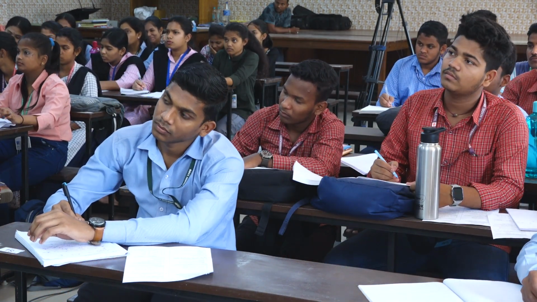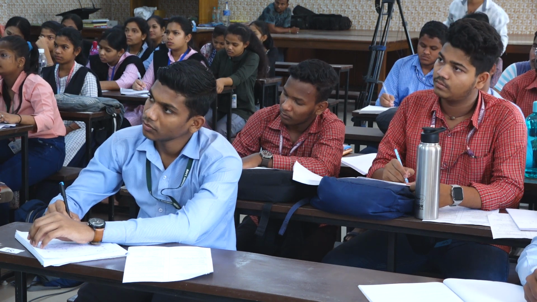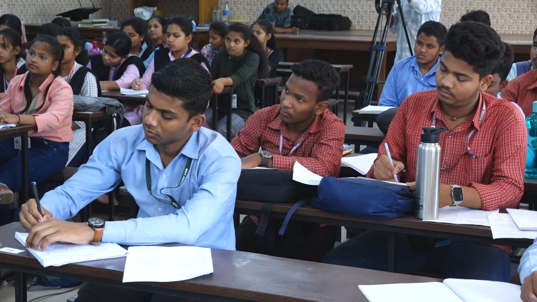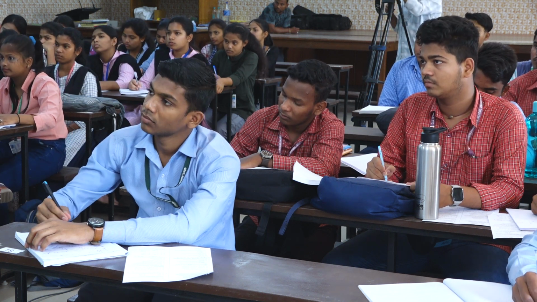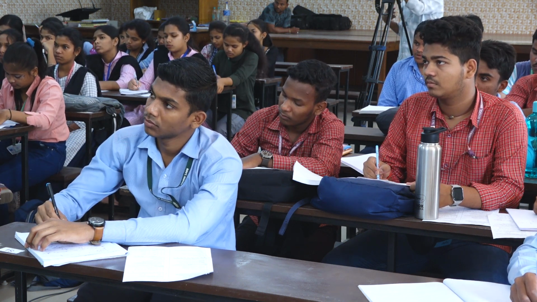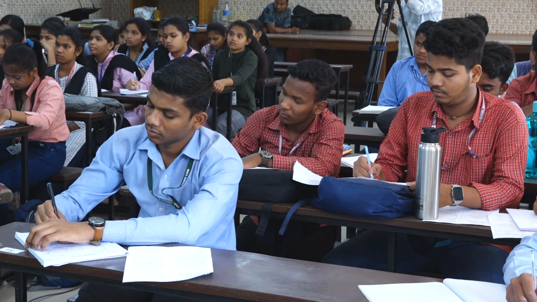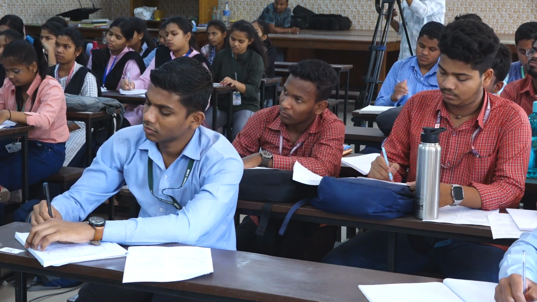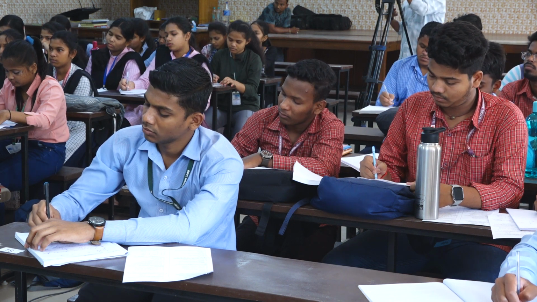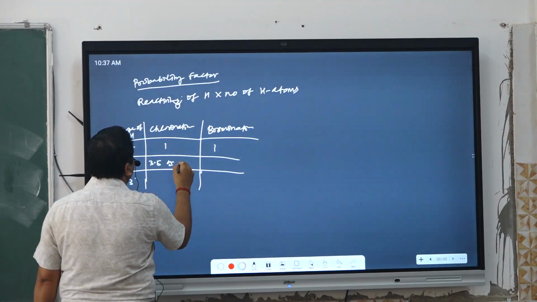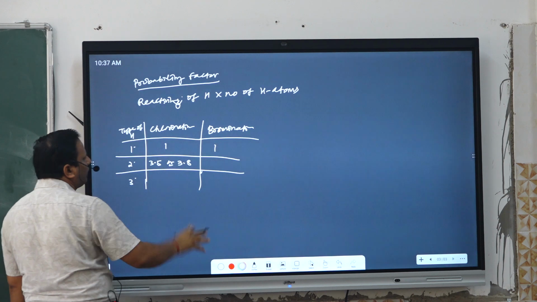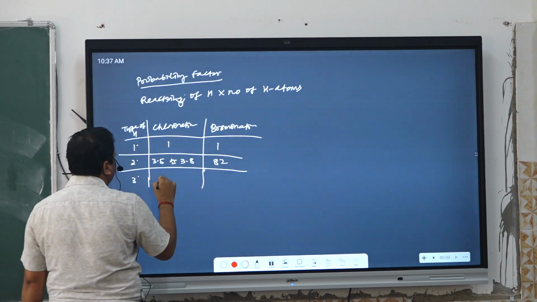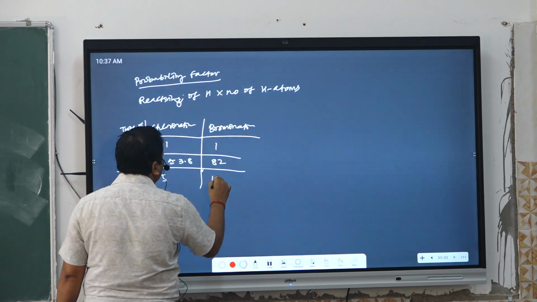What is the reactivity order of the hydrogens? You know, tertiary is greater than secondary, greater than primary. That means primary has the slowest reaction, so we can consider it as one. It may be chlorination or bromination. With respect to primary, secondary in case of chlorination is either 3.5 or 3.8. According to different books, different answers are written. For bromination it is 82, and tertiary is 1600.